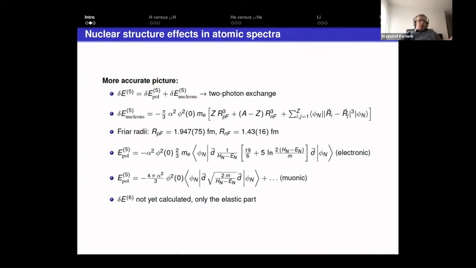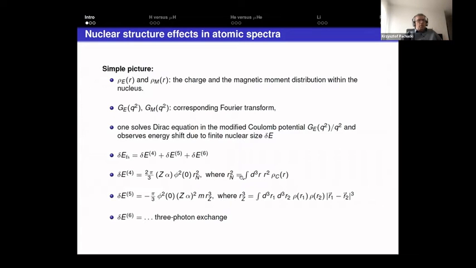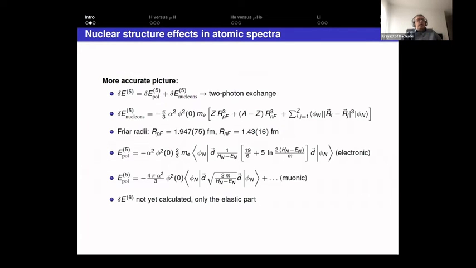If we perform an expansion of the nuclear structure contribution in powers of alpha, the leading term, as in the previous slide, is the same: it's always the mean square charge radius. But the higher order terms are completely different. I mention this because in most of the literature, people are not aware that the simplified model of the rigid charge distribution is not valid. It only works for the leading order. For higher order terms in alpha, the true energy shift is completely different.